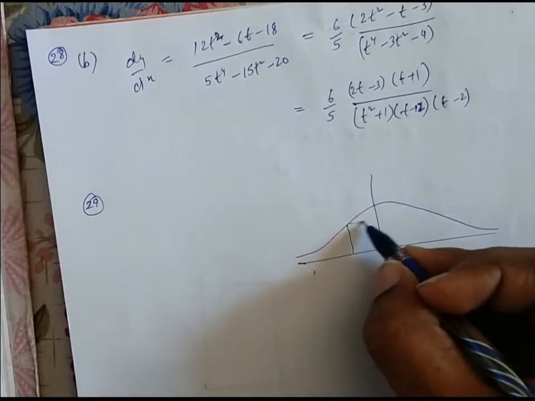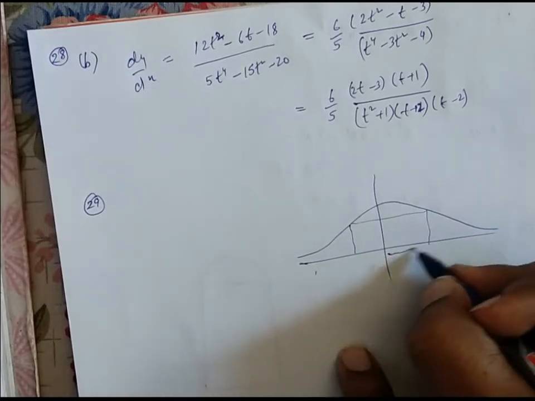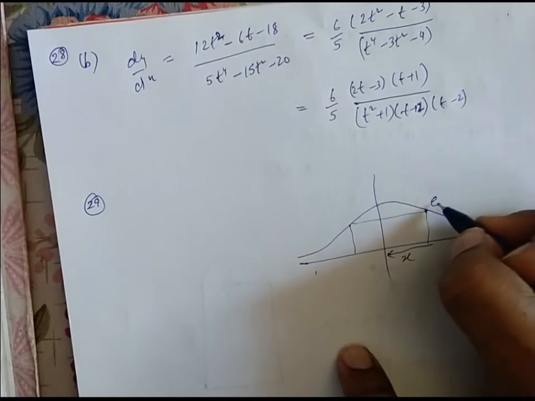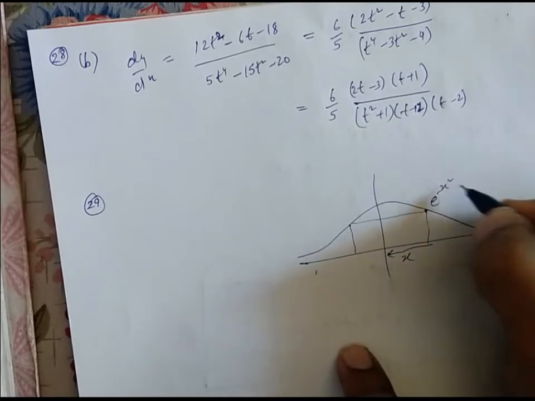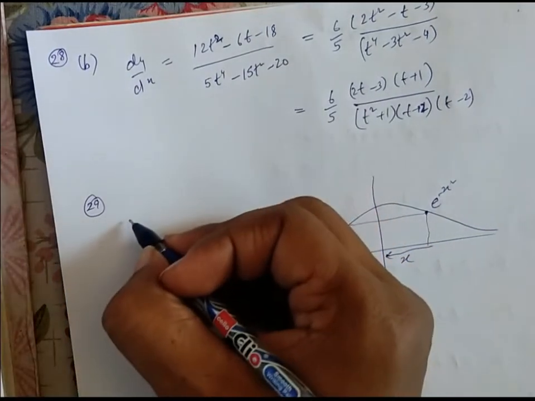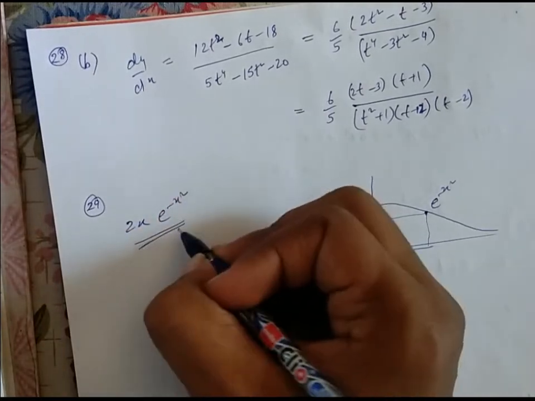Let the rectangle be this. Okay, so if this is x, this would be e power minus x square. Area would be 2x into e power minus x square, and we need to maximize this.